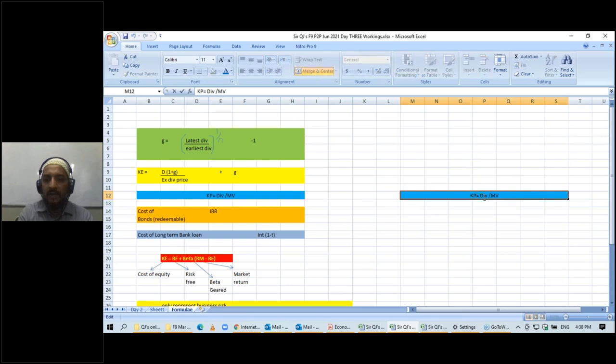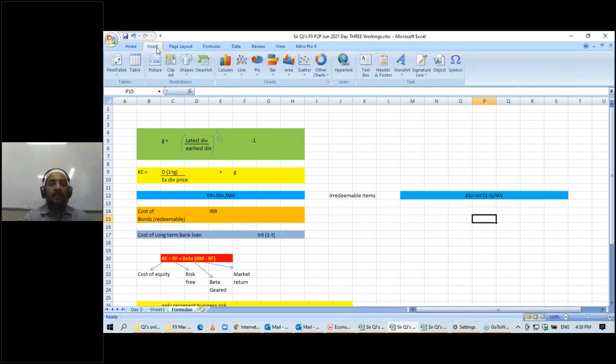If the cost of debt, now we are talking about irredeemable items, so cost of bond will be interest rate multiplied by 1 minus t, divided by the market value. This will be the formula.